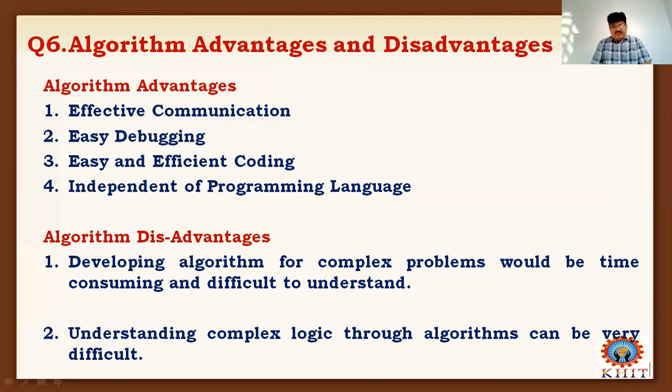But what are the disadvantages of an algorithm? An algorithm is suitable for solving small programs only. If you want to develop an algorithm for complex problems, it is a time-consuming process and it is very difficult to understand also.